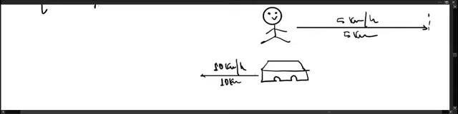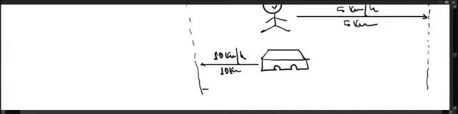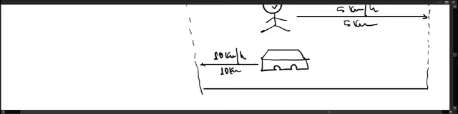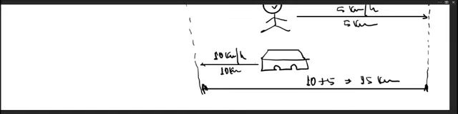So after 1 hour, the distance between man and the car will be 10 plus 5, that is 15 kilometers, because the man has moved 5 kilometers towards east and the car has moved 10 kilometers towards west.